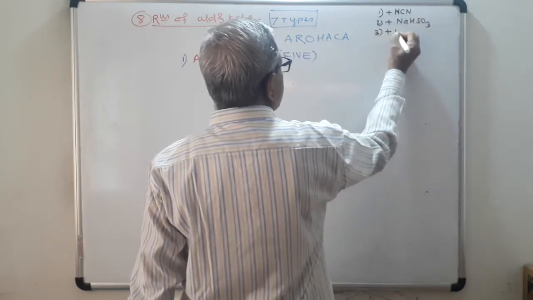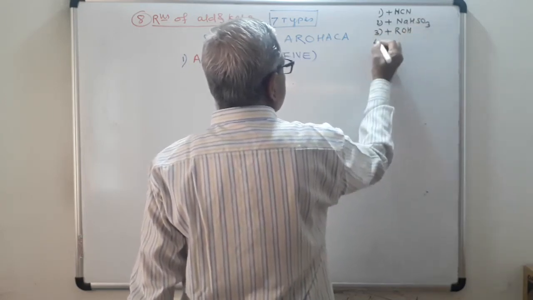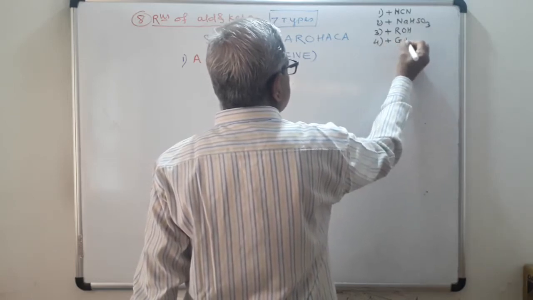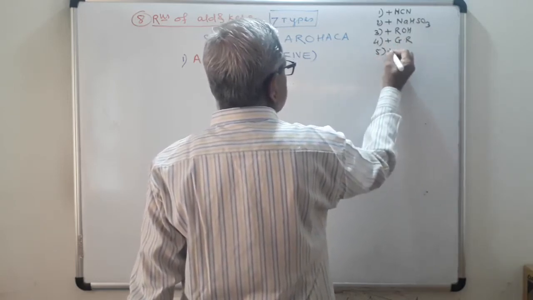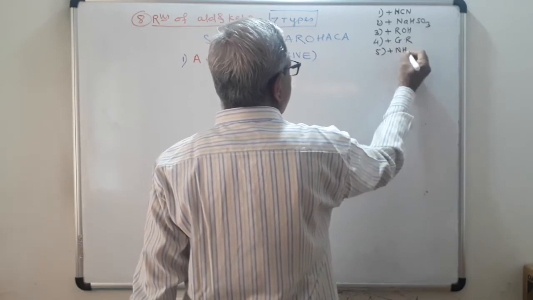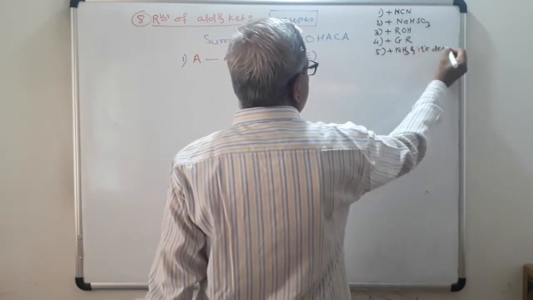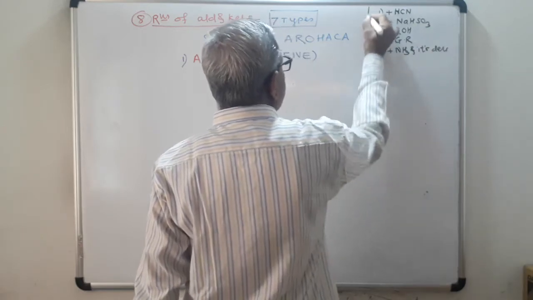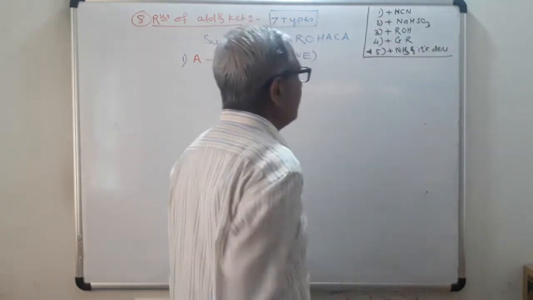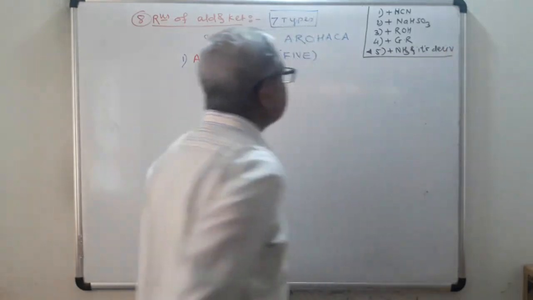Third is the addition of alcohol. Fourth is addition of Grignard reagent. And fifth is addition of ammonia and its derivatives. This reaction is important here. These 5 reactions we are going to learn here in detail.